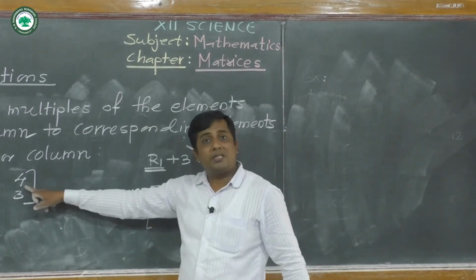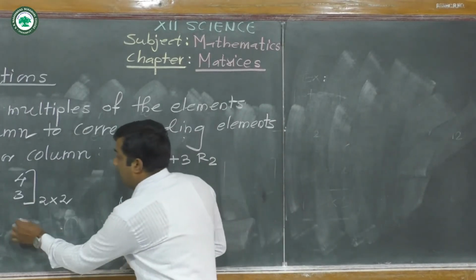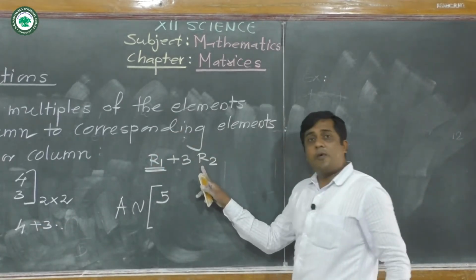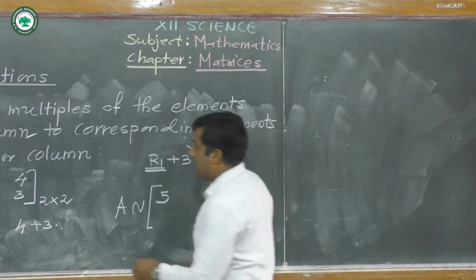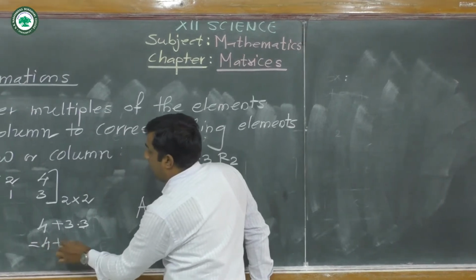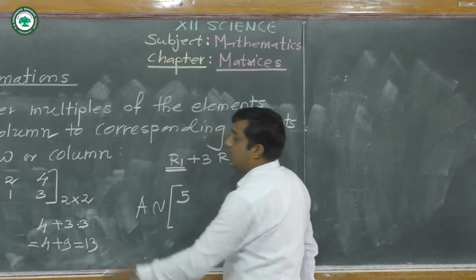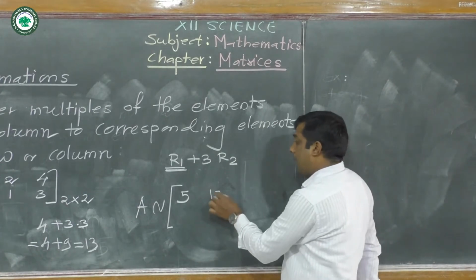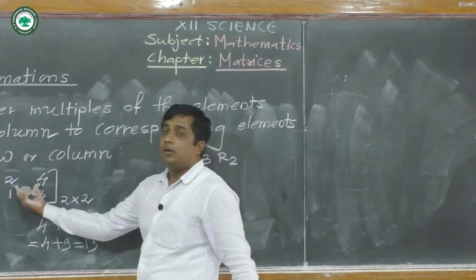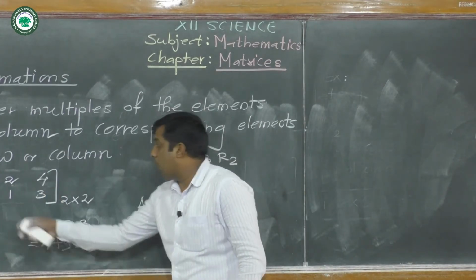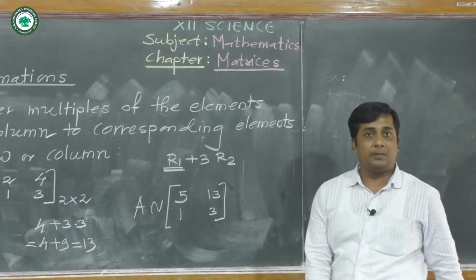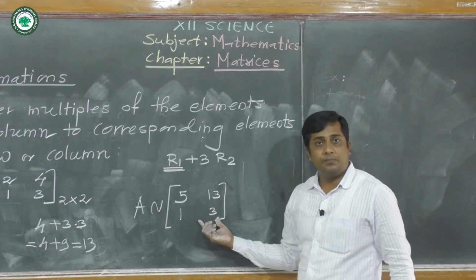The second element of the first row is 4, plus 3 into the second element of the second row, which is 3, so this is equal to 4 plus 9, which is equal to 13, so here we have 13. So we change only this first row, okay, and now we keep the second row as it is, that is 1 3 as it is. So this is our new matrix.